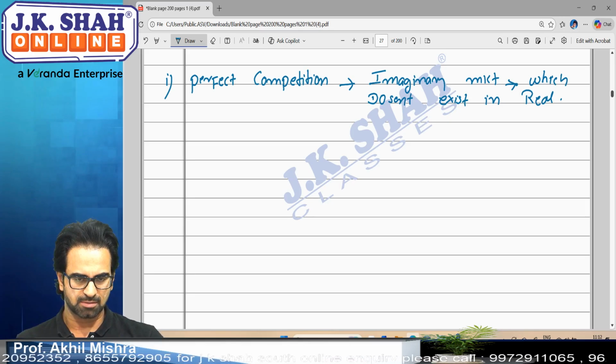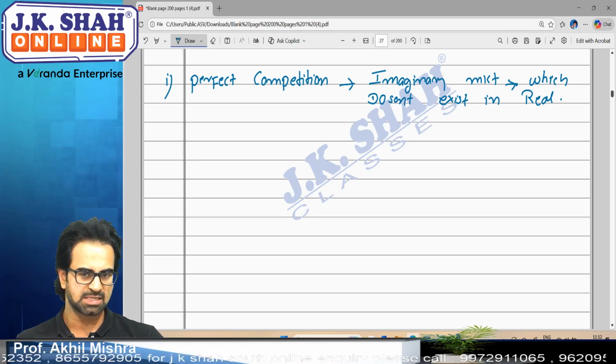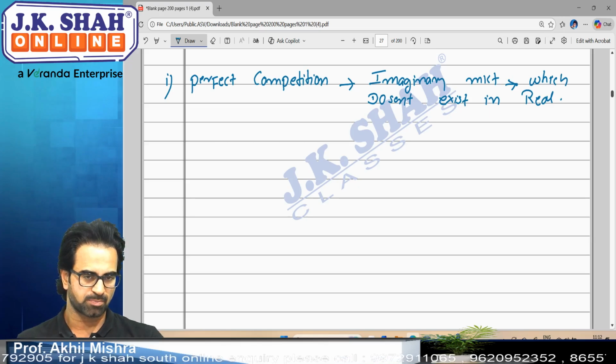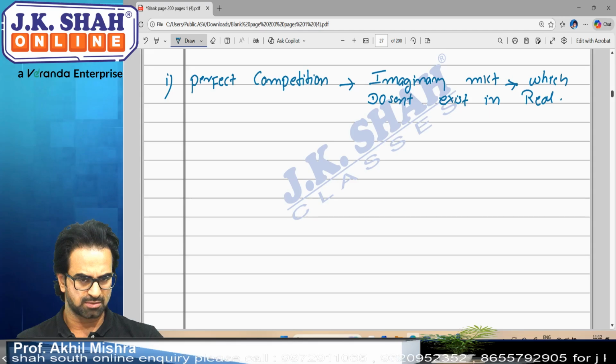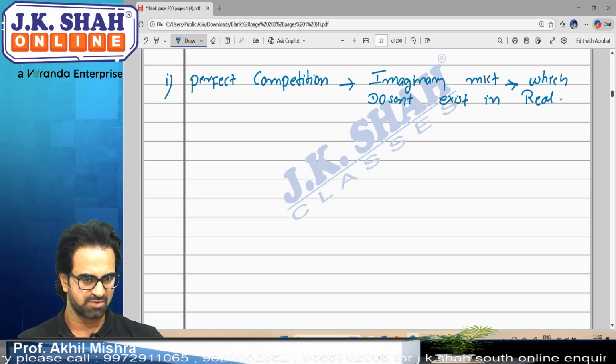The main core idea is that no buyers are being exploited by the sellers and no sellers are being exploited by the buyers. This is not a reality, right? Or in the technical way, the demand and supply in this market is equal, perfect, equal. So when demand and supply equal, everything is fantastic.